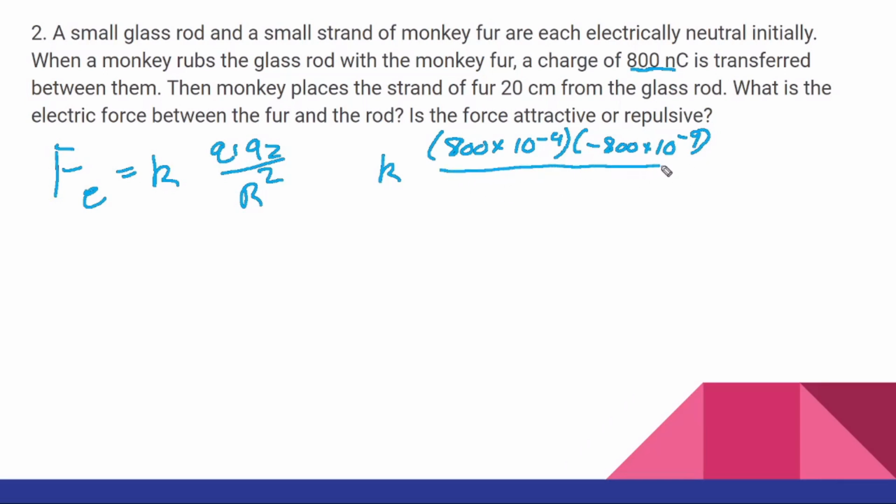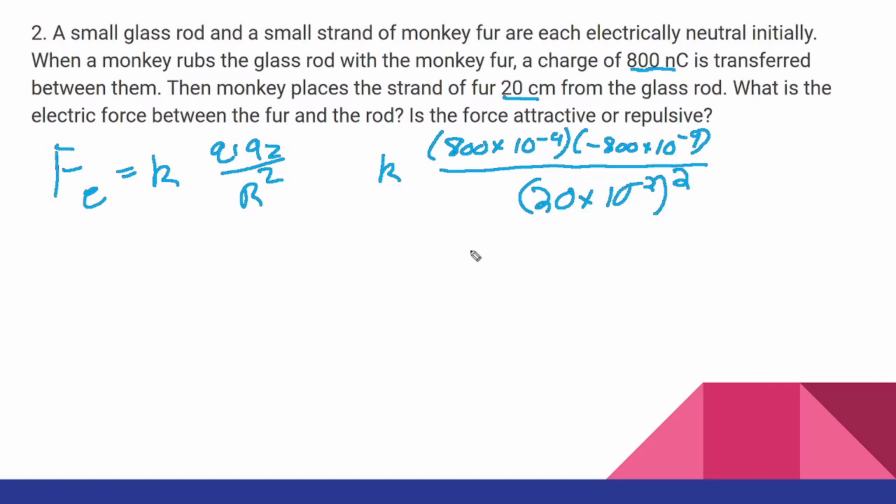Right? And then we have our separation distance of 20 centimeters. So we will put 20 times 10 to the negative 2, squared. Because these are not in standard scientific notation, I will quickly convert those into correct scientific notation.